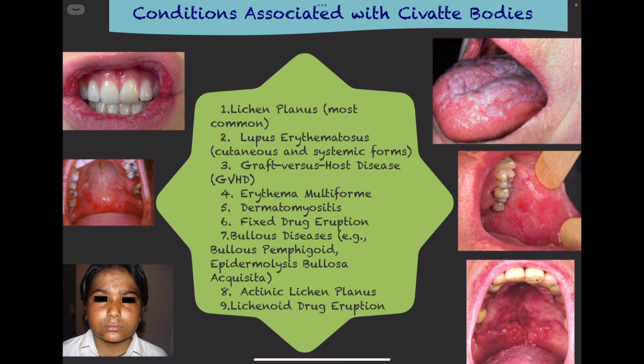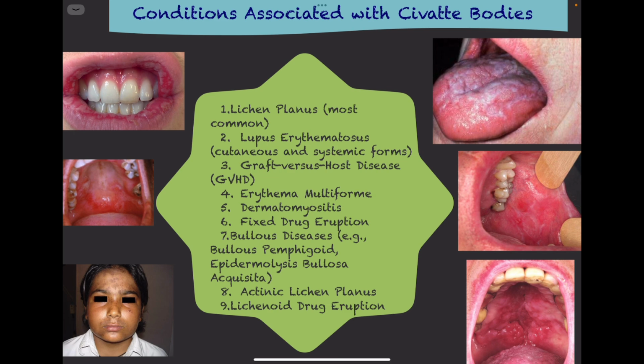So even in lichen planus, if the lesions are present over the hands or feet or any other part of the body for that matter, you can see the civatte bodies under the microscope, right?